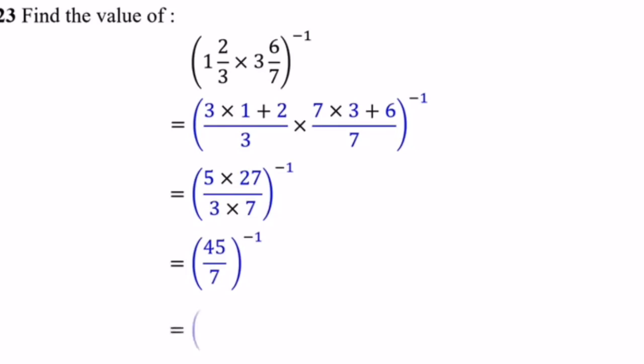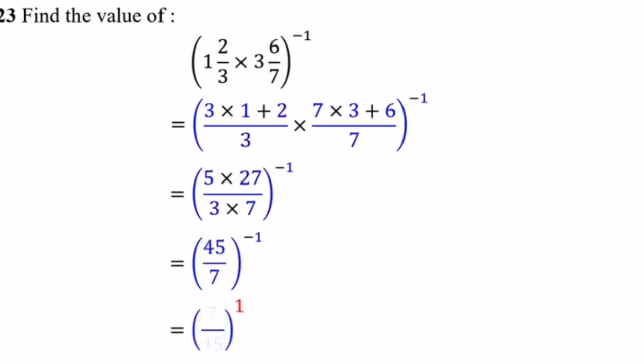Alright, so when you have a -1, you have to bring down, isn't it? It becomes 1 over 45 over 7 with the power +1, because you bring down the fraction. So the index will become positive. So then if you try to inverse a fraction, it will become 7 over 45.